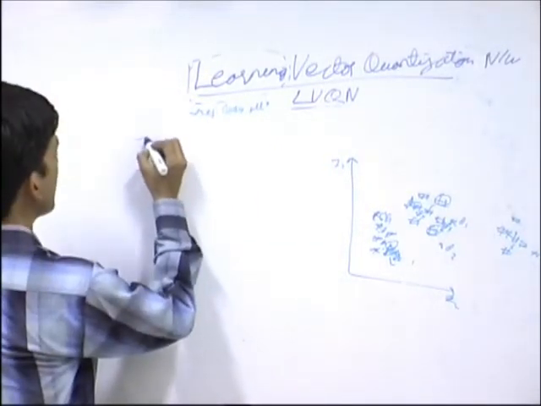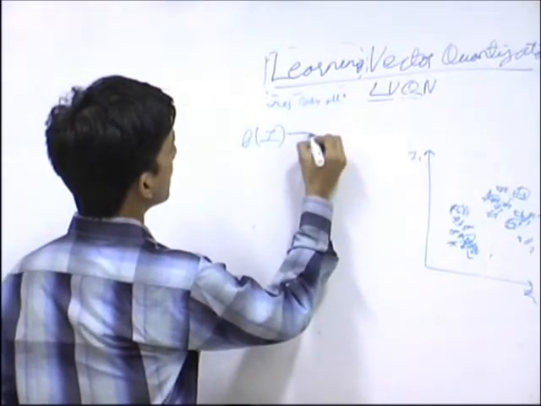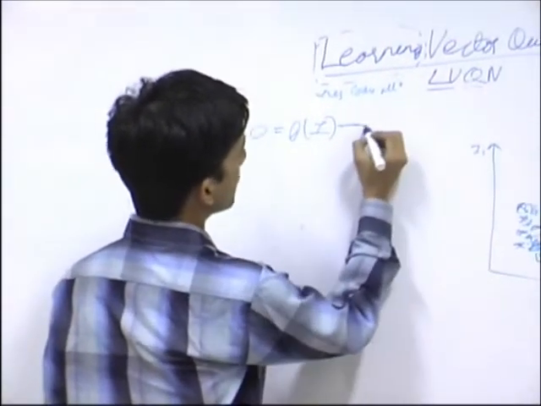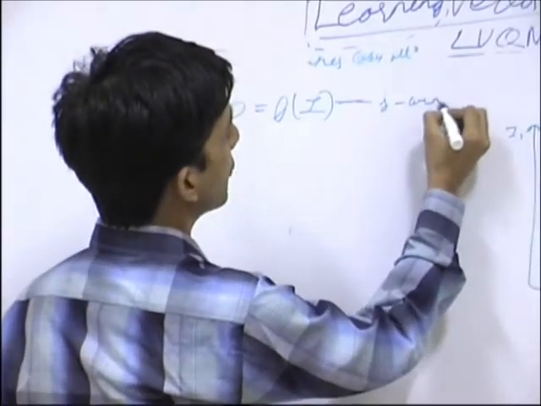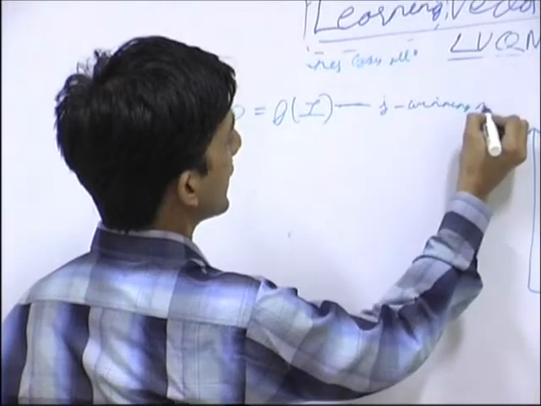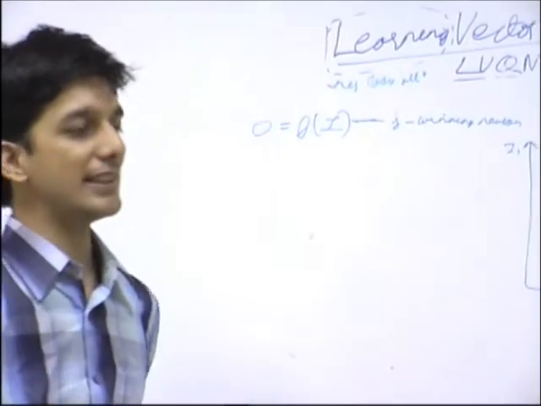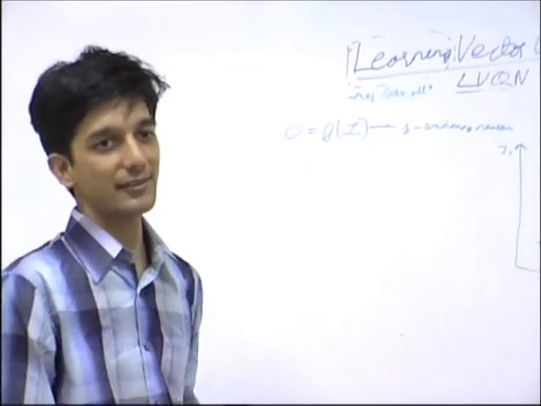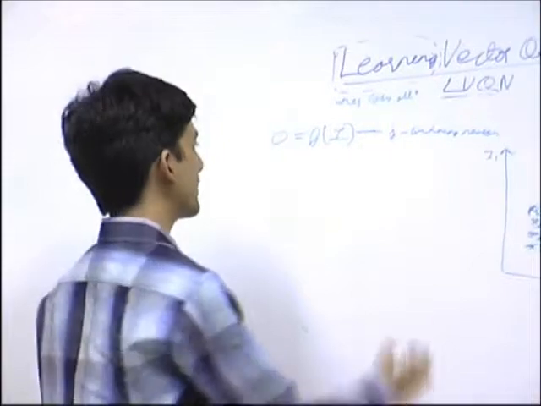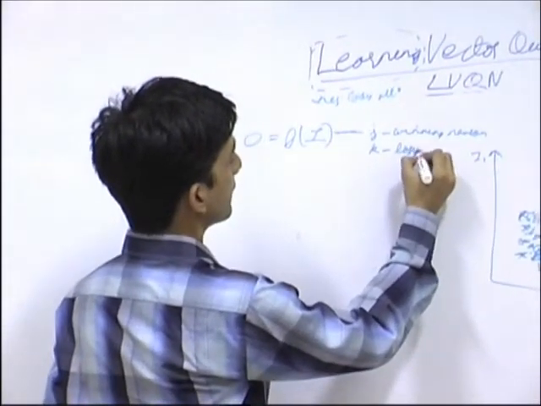Whenever an input is applied, and this is the output that is produced, we find J, the winning neuron, as was exactly the case in our previous approach. We try to find who wins, and we find K, the first losing neuron.